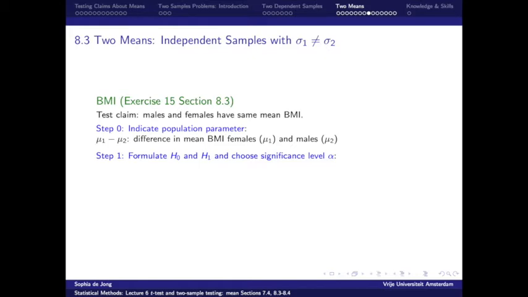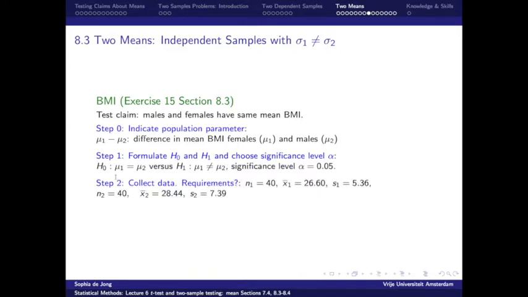We will now formulate the null and alternative hypothesis. The null hypothesis states that mu1 is equal to mu2, and by the test claim saying that males and females have the same BMI, the alternative hypothesis is that mu1 is unequal to mu2. And suppose that in this exercise we have a significance level of 5%.